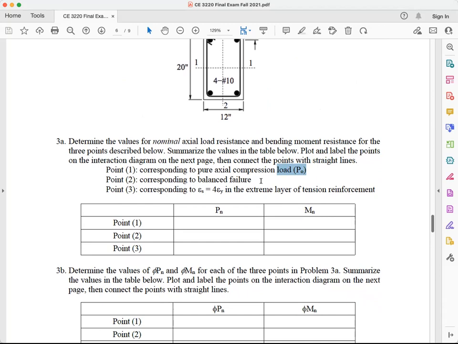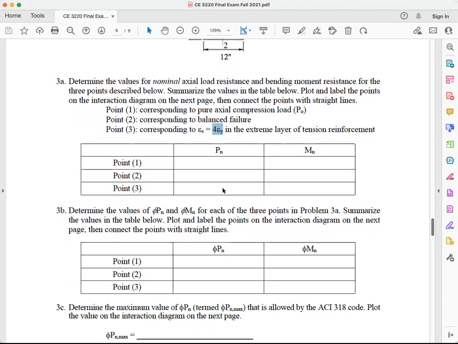Point 3 corresponds to epsilon S equal to 4 times epsilon Y. It must exceed the tension control limit. Don't believe me? Try it out. What is the tension control limit? 0.005. What is epsilon Y for 75 KSI? Larger than 0.0027, so 4 times that is larger than 0.008.